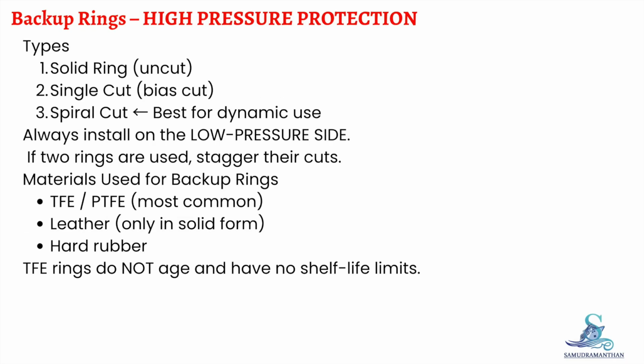Its types are solid or uncut ring, single cut or bias cut, and spiral cut, which is best for dynamic applications. Always install on the low pressure side. If two backup rings are used, their cuts must be staggered. Materials: TFE or PTFE are most common and do not age. Leather is used only in solid form, and hard rubber.